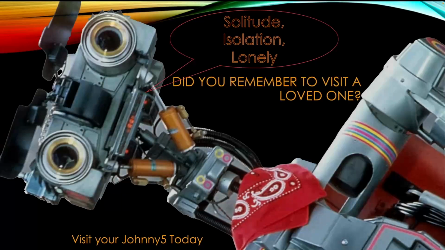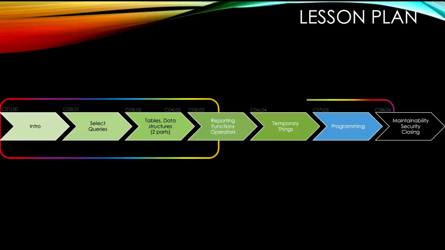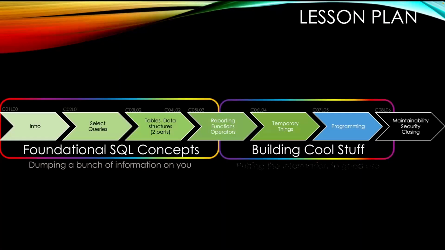Usual disclaimers. All right, so here's kind of what we've done, where we're going. We've done select, tables and data structures, we've done reporting functions, and then we did temporary things where we talked about temp tables and variables and all those sorts of things.